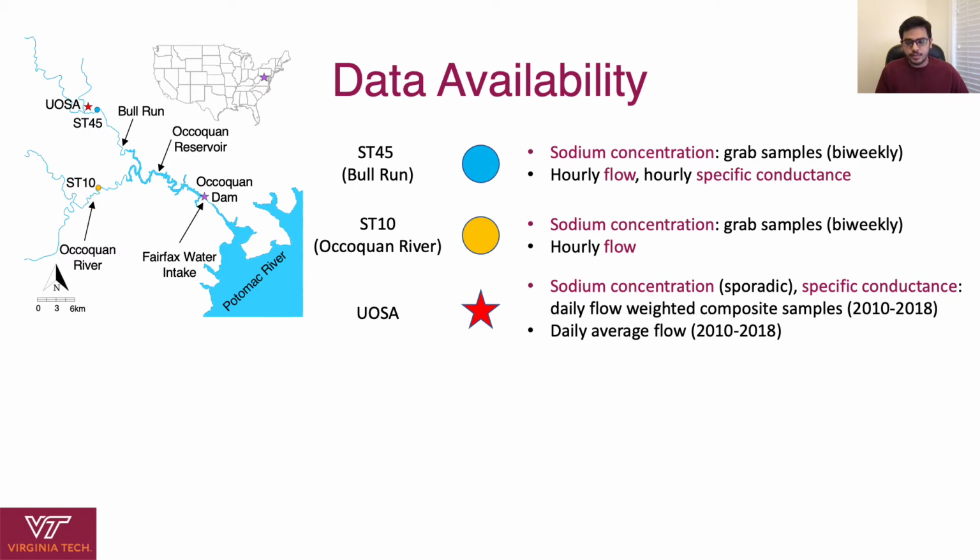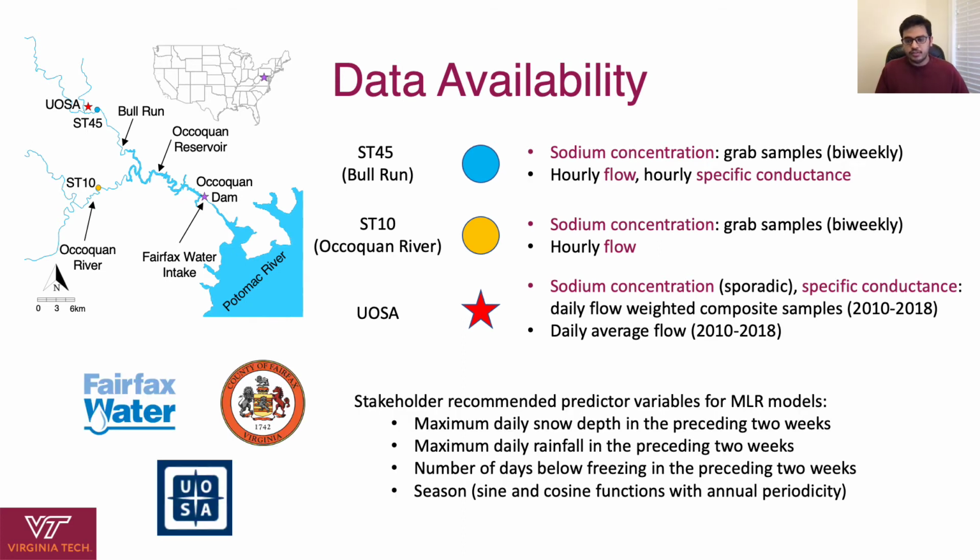Daily average measurements of discharge were also provided by UOSA, along with measurements of specific conductance and sodium concentration on their daily flow weighted composite samples. We worked with colleagues from Fairfax Water, Fairfax County, and UOSA to identify other predictive variables besides flow and specific conductance to construct multiple linear regression models for sodium concentrations at all sites.